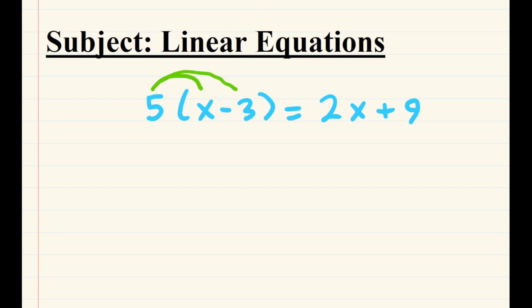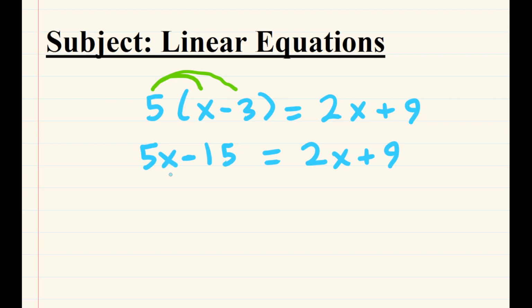That is simply 5x. And what's 5 times -3? That is -15. Okay, and let's bring the rest down: 2x plus 9. Perfect. So we have this now: 5x minus 15 equals 2x plus 9.